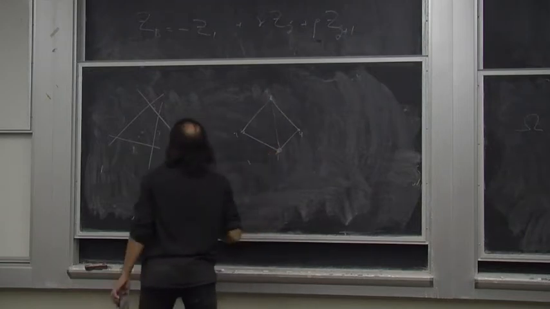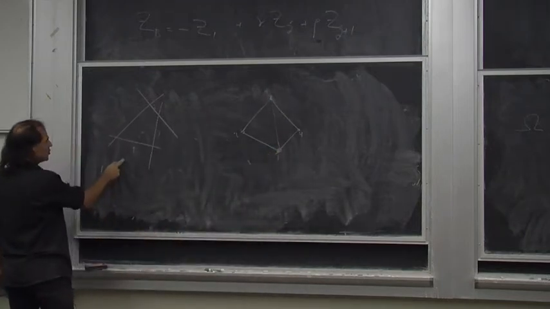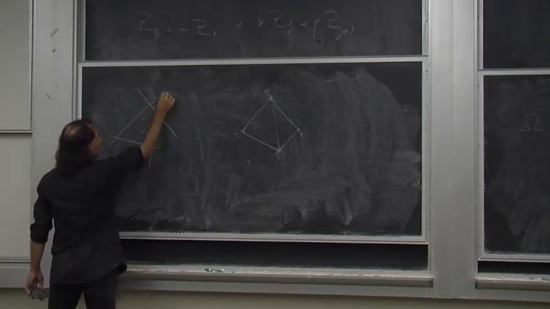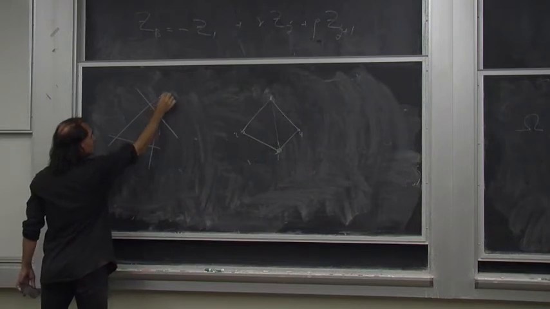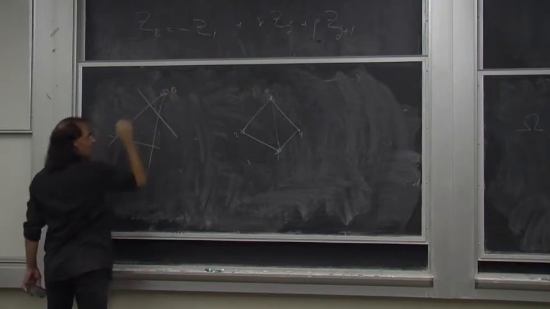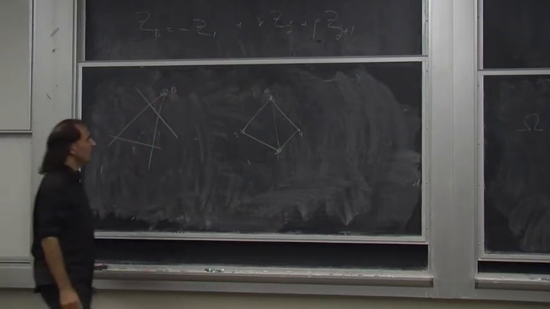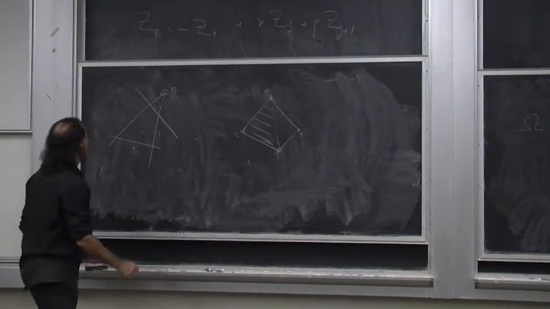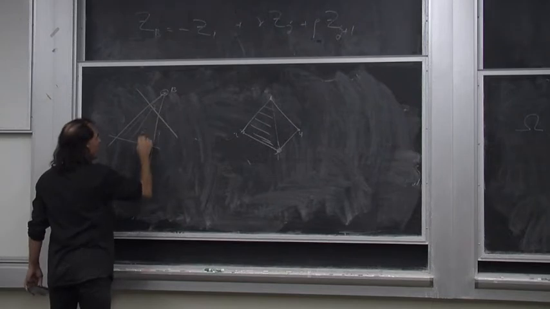That means in this picture I have a new vertex, which is that 1, 3. So this is the vertex 1, 3.